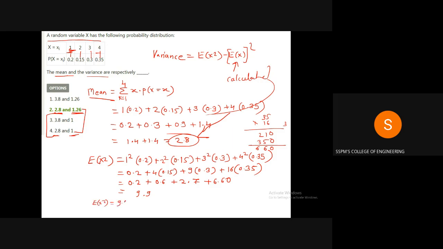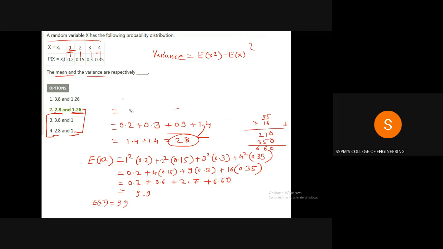So now we will put all these values in the formula of variance of x. So variance of x, that is E of x square minus E of x whole square, is equal to 9.9 minus 2.8 whole square.